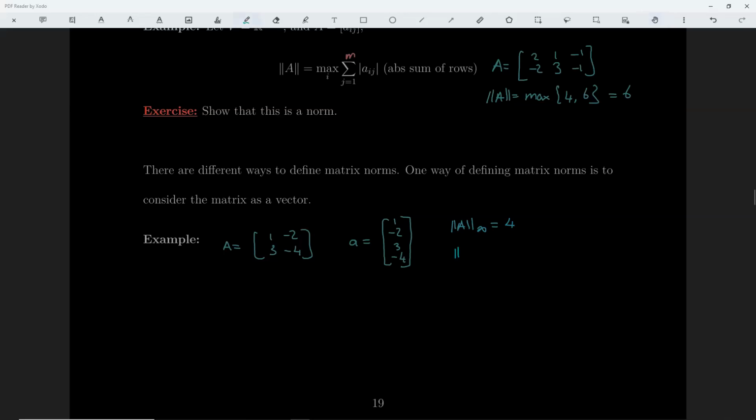And the L1 norm, so not infinity but 1, is the sum of the absolute values of its elements: 1 plus 2 is 3, plus 3 is 6, plus 4 is 10.